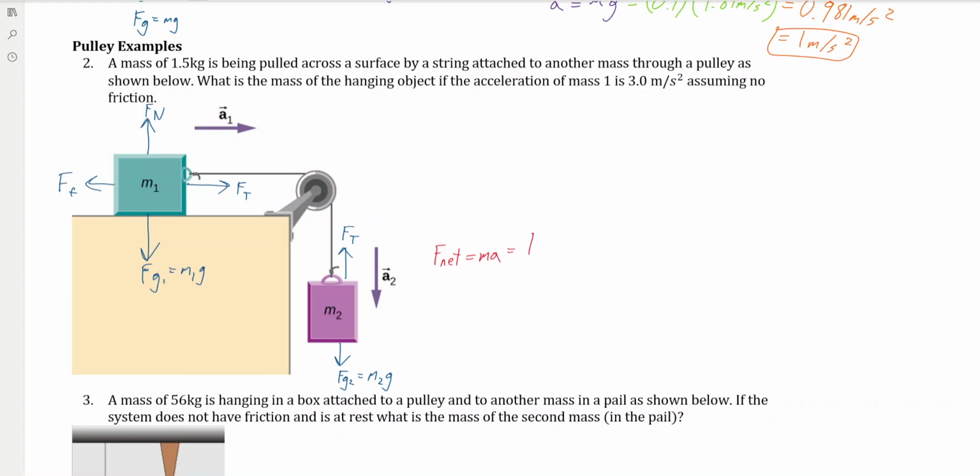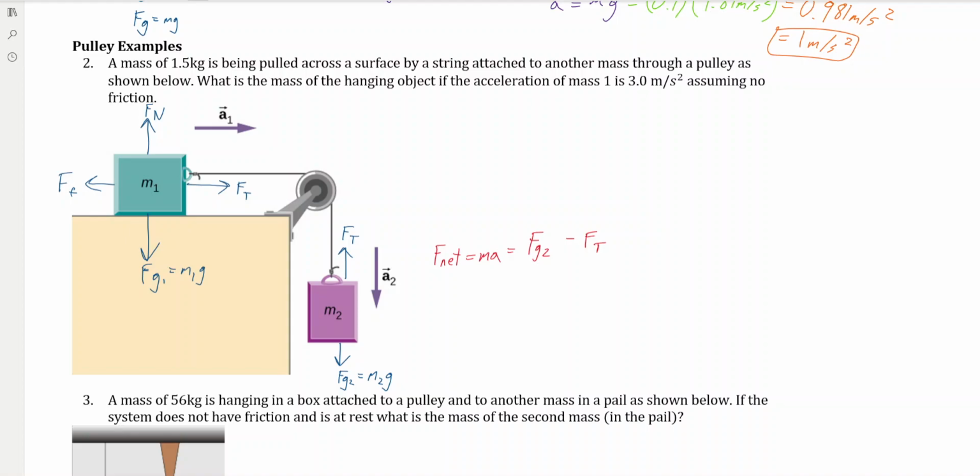And so this is Fg2 minus Ft. Okay, I should have tried this question ahead, but that's all right. I'm sure this will be great.